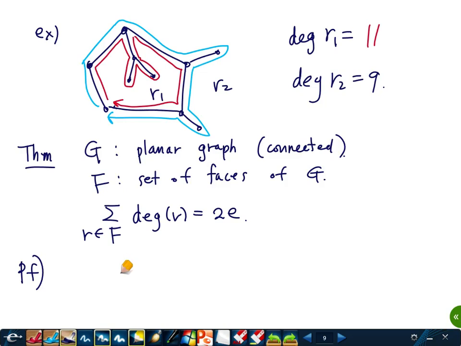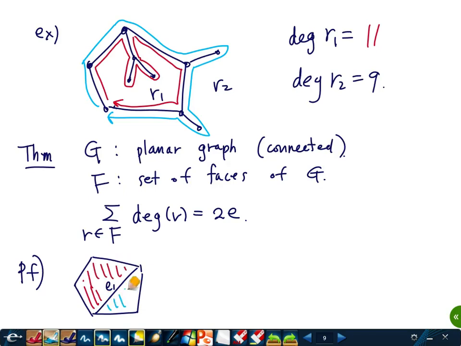Because there are 2 possibilities. Whenever you have an edge, you have 2 sides, and the 2 sides may be in different faces, or sometimes they may be in the same face or region.